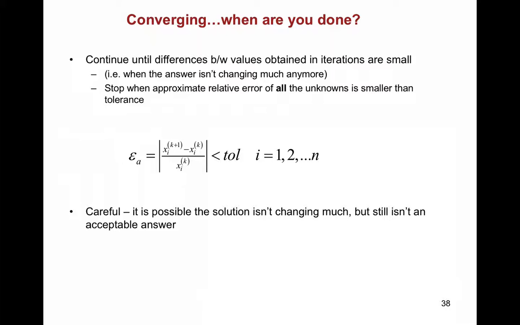So which norm you use is not all that important as long as you're checking that you are getting closer and closer in your solutions. And then you stop. What your tolerance is depends on you or whoever programmed this. It could be 10 to the minus 3, it could be 10 to the minus 5, whatever you come up with. You have to understand that this is just like in root finding, it's a choice you make.